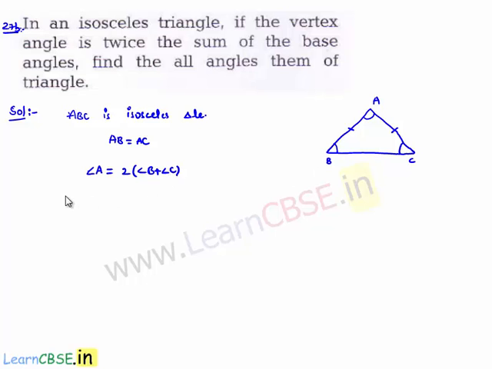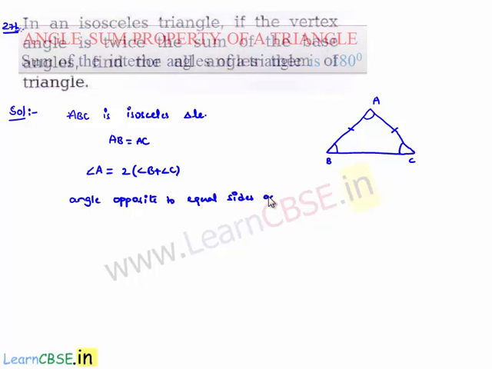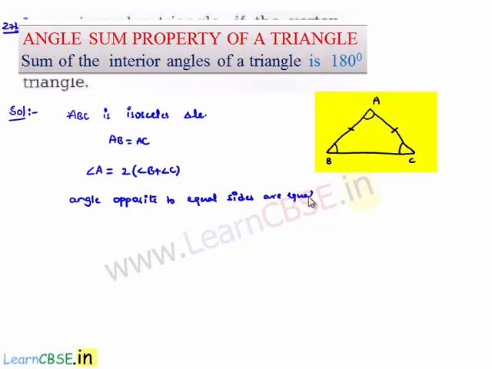We know that in any triangle, the angles opposite to equal sides are equal. Therefore here, as AB is equal to AC, the angle opposite to AB is angle C. That will be equal to the angle opposite to AC, which is angle B. Let us assume their values to be x.